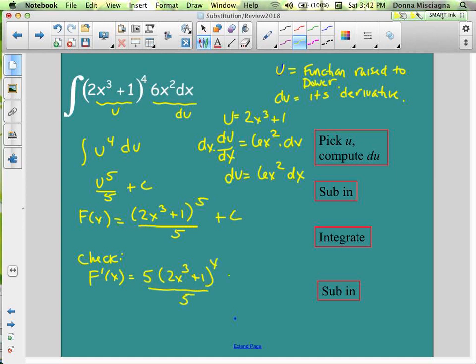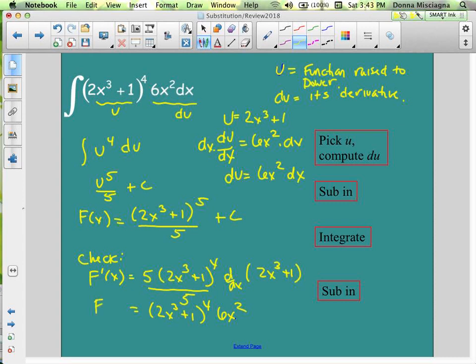And then times the derivative of the blop, which was 2x cubed plus 1. So the 5's would cancel. You'd have (2x cubed plus 1) to the 4th power, and then the derivative of 2x cubed is 6x squared.